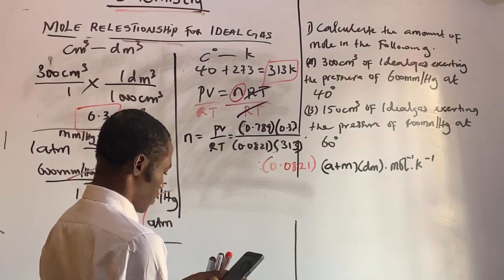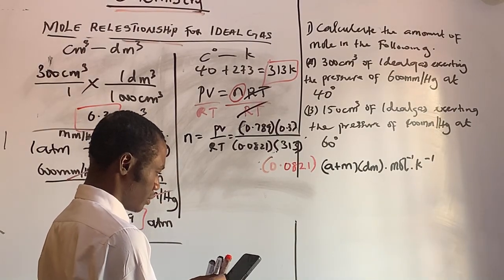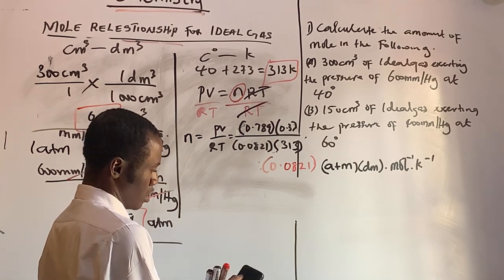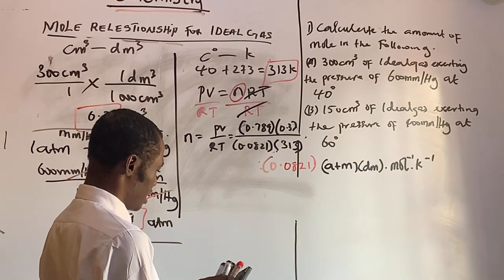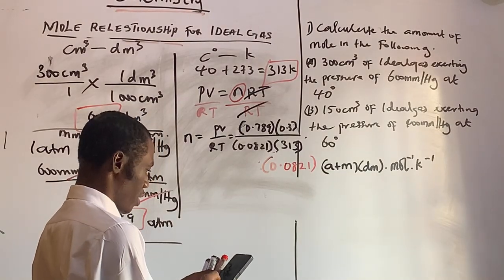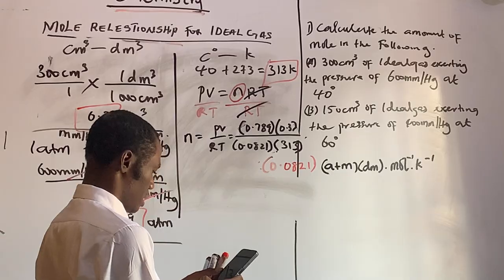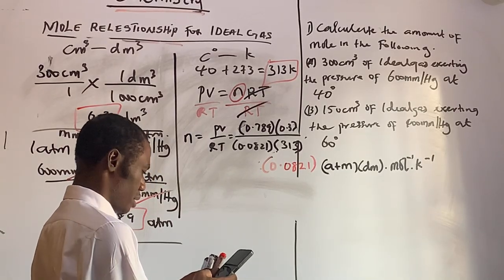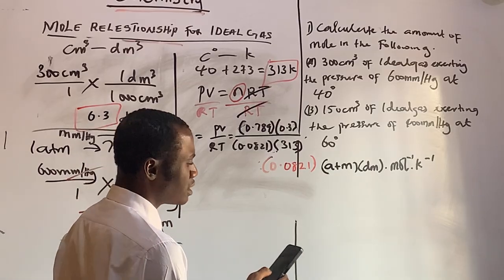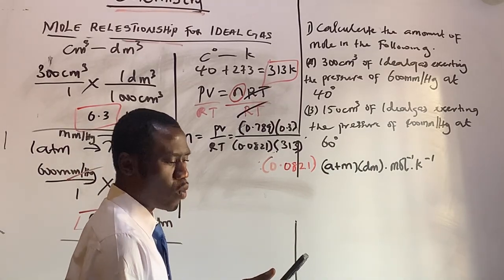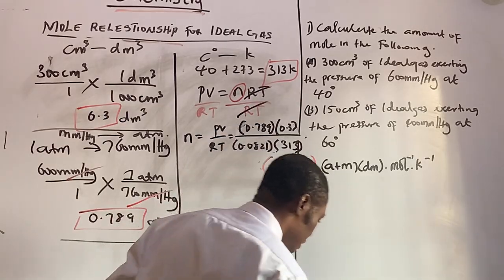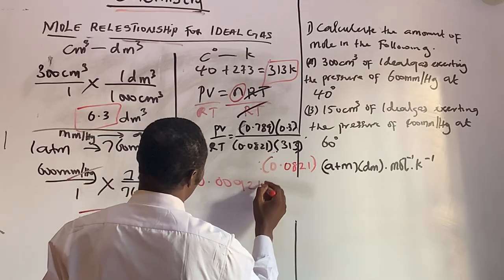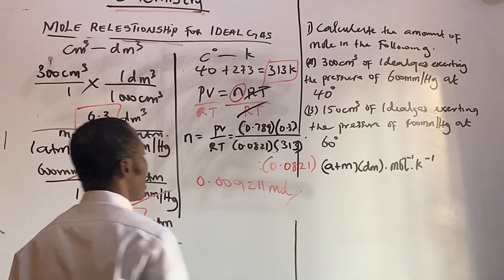All right, 0.789, okay, multiply by 0.3, and then we're going to be dividing it by 0.0821. Then we're multiplying by 313. All right, the answer is 0.009211 mole. So that's our final answer.